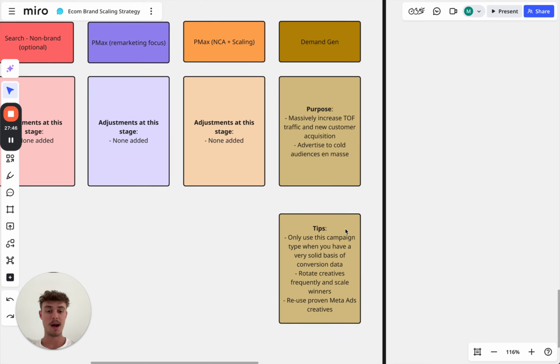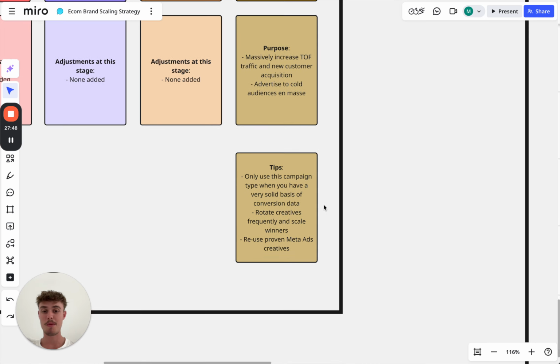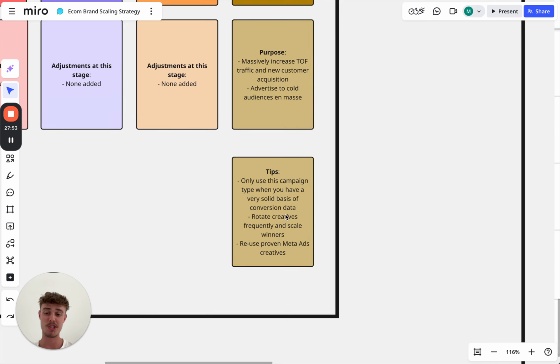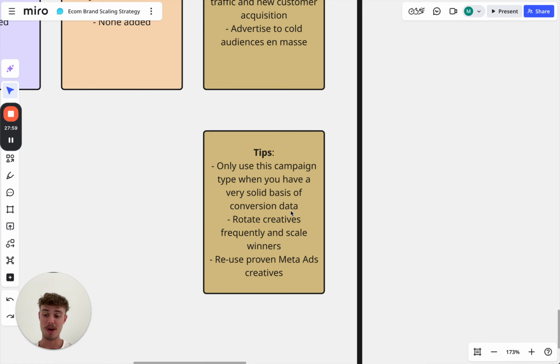Now, you only want to use this campaign type when you have a very solid basis of conversion data. You already have a lot of conversion data in the account to inform the algorithm and help you find the right customers through cold traffic. Obviously, it's much harder to get conversions through cold traffic because these people haven't expressed any interest in your brand, unlike all of the other campaigns, which are intent-based, right?